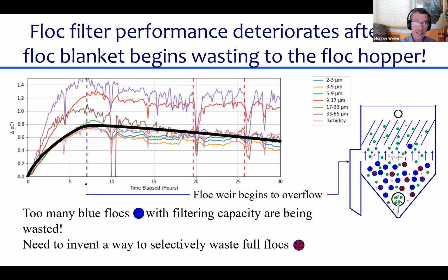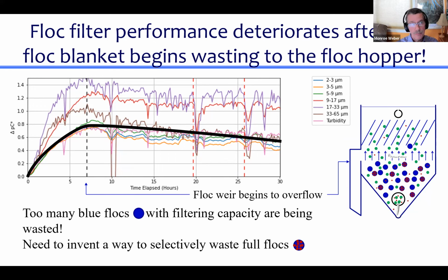Before this, we knew that a floc filter was helpful and that performance improved when we had a floc filter in the bottom of our sedimentation tank. And we had this notion that somehow it's capturing the small particles that the flocculator is failing to flocculate, but we didn't know what the mechanism was.